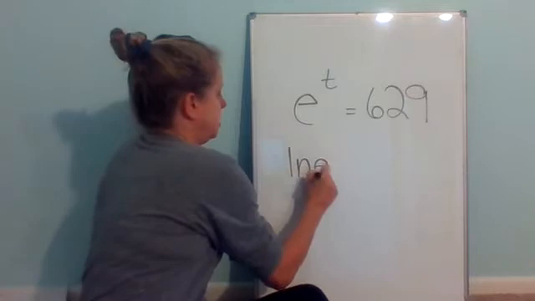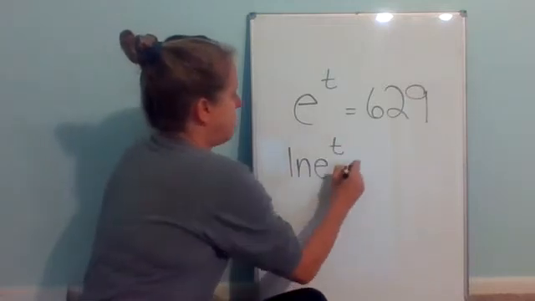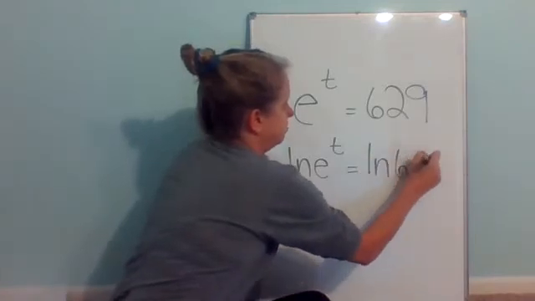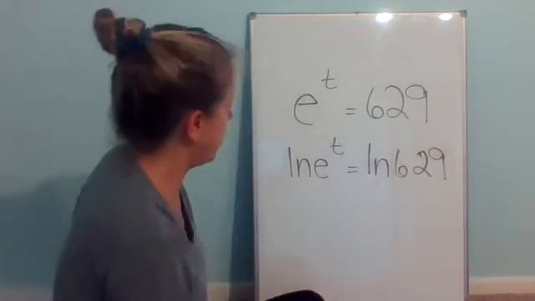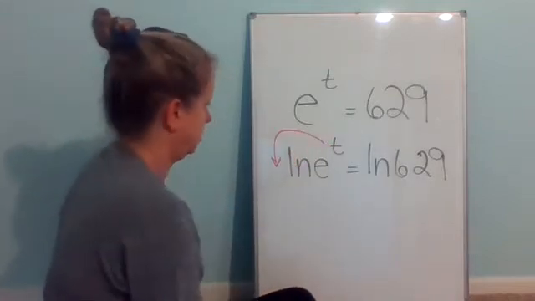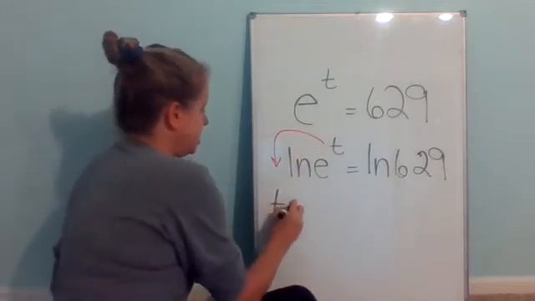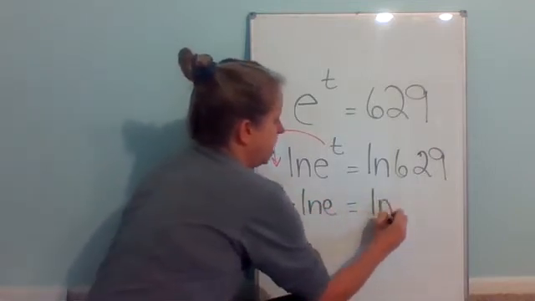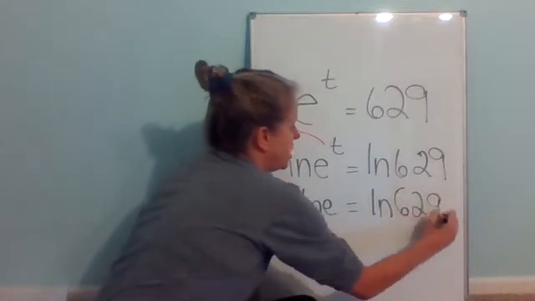So ln e to the t power. If I ln this side, I have to ln this side. So now the t can come out. So I have t times ln e equals ln of 629.